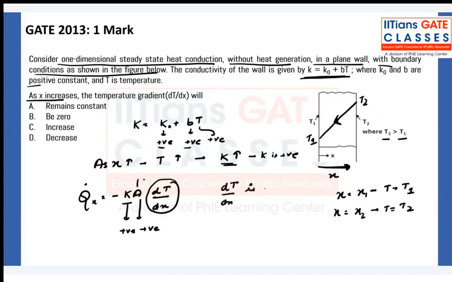That means as X is increasing, the temperature gradient is going to decrease. Negative means what? You will get a negative value, that means it is decreasing. Why is everyone saying increase? Are you able to understand this?